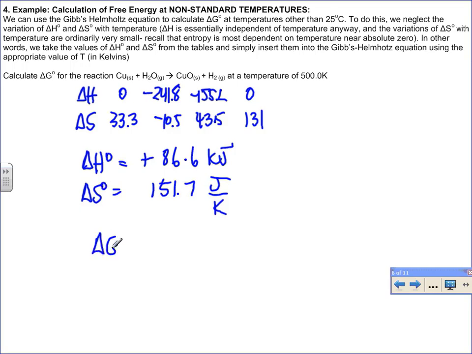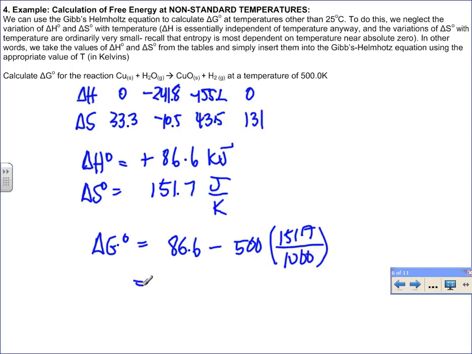So to calculate the delta G naught at this non-standard temperature, the temperature is what changes in our final formula. So instead of using 298, which we've been using before, which is our standard temperature, we need to plug in the appropriate temperature that we're concerned about.